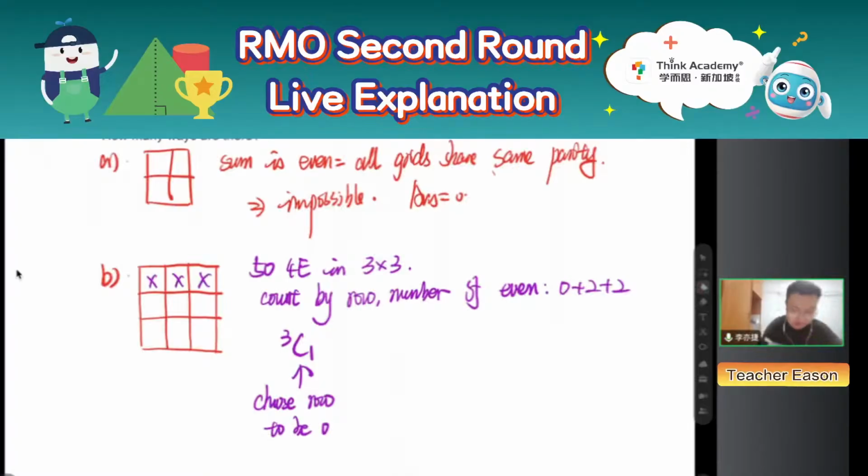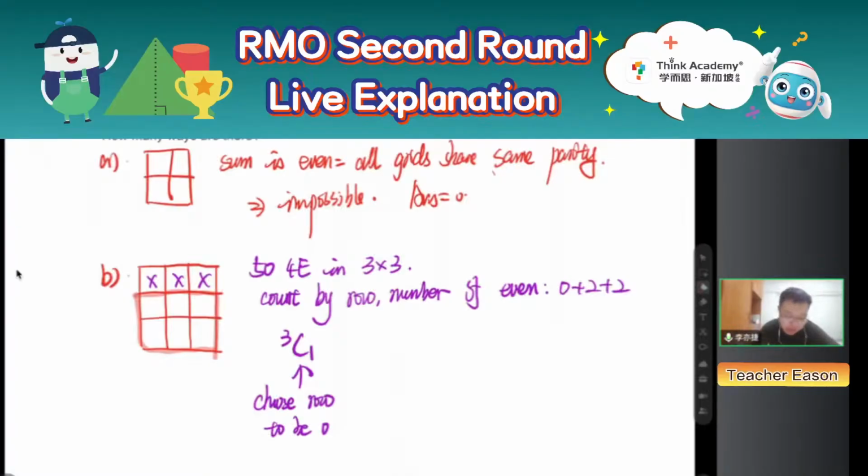Suppose it's the first row that has no even number. Then for the rest of the region, we have 2 even numbers in each row. The second problem is how do we put these 2 even numbers?